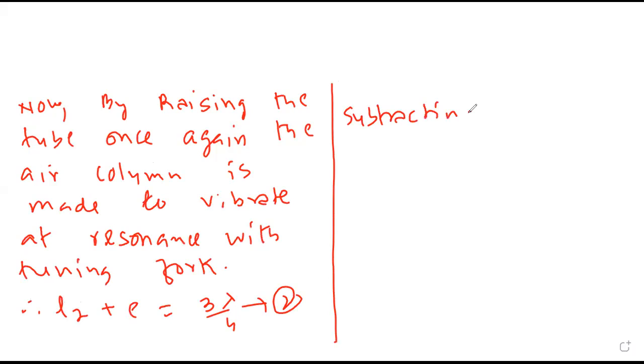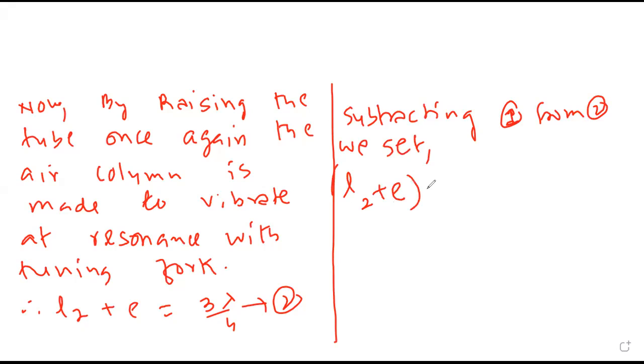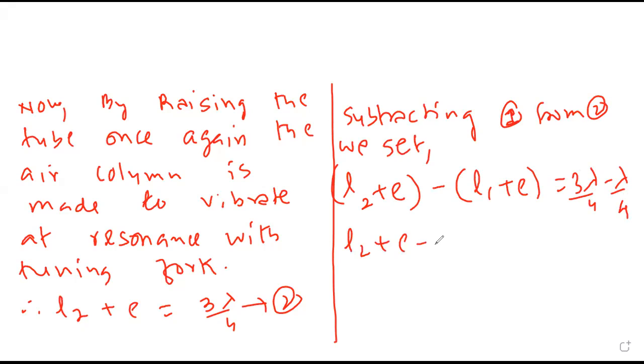Subtracting 1 from 2, we get L2 plus E minus L1 minus E. From equation 2 we are subtracting equation 1, so it is 3 lambda by 4 minus lambda by 4, which is 2 lambda by 4. So L2 minus L1 will be lambda by 2.